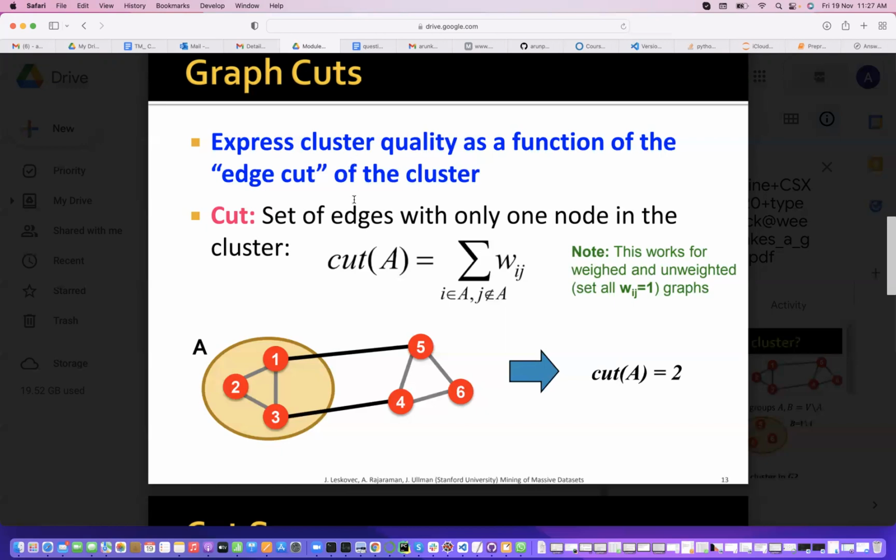When you need to find it, see which edge, by cutting that, you can make 2 parts, something like that. So here also cut means set of edges with only one node in the cluster. So cut is nothing but one node in that cluster, the other node should be outside of that cluster. So how many cuts can you find in this graph for cluster A?